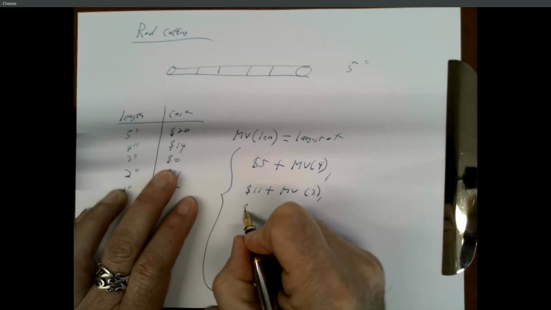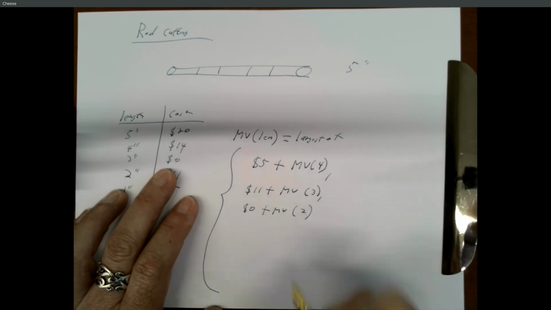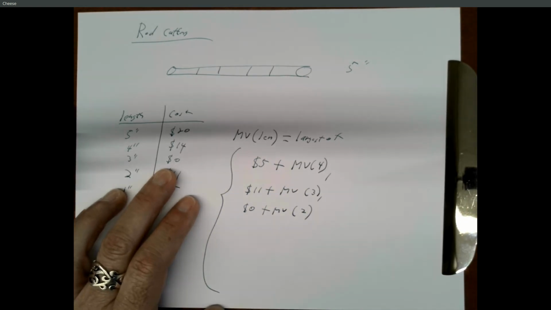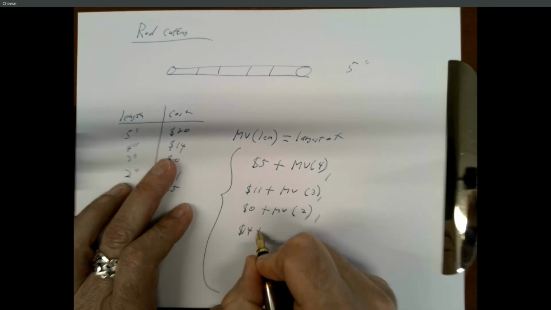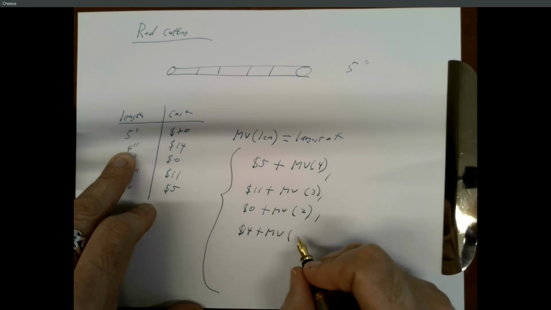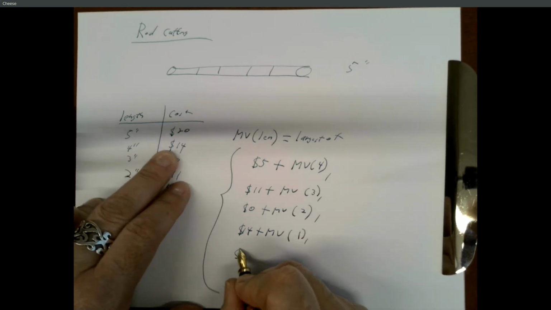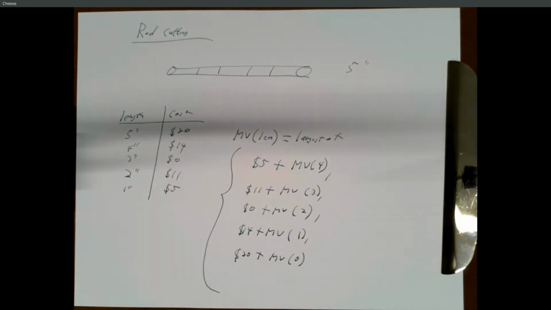Or I could get no dollars plus the max val of what I get with the 2 inches that are left. Or I could get $14 plus whatever I can get by selling the 1 inch that's left. Or I could get $20 plus whatever I can get by selling a 0-inch piece of metal.